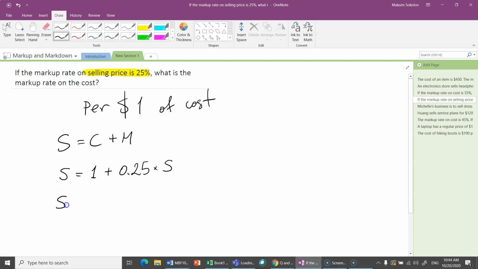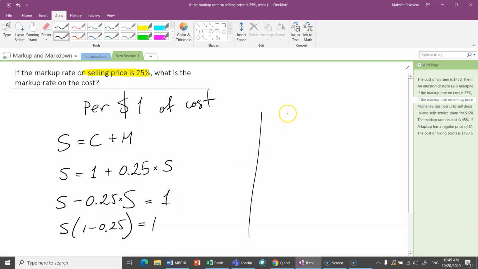Well, we collect all unknowns to the left side, and we factor out S. We can solve this, and we can see that S equals 1 divided by 0.75.